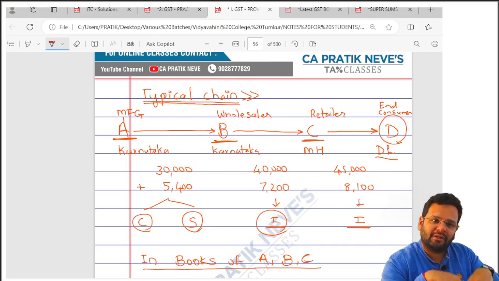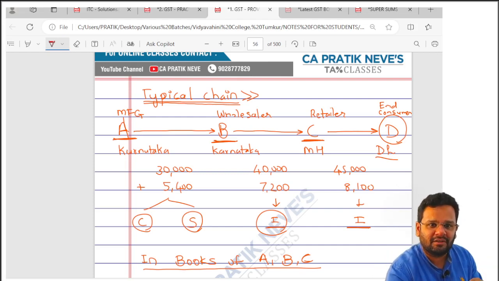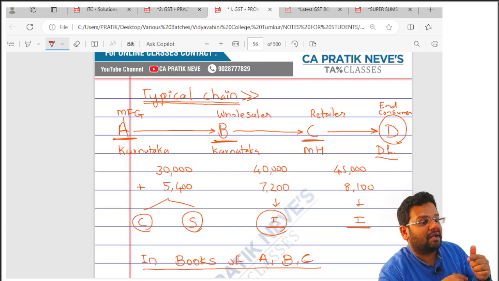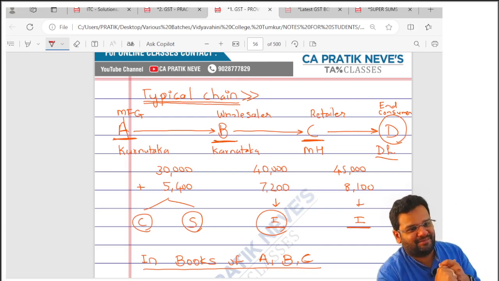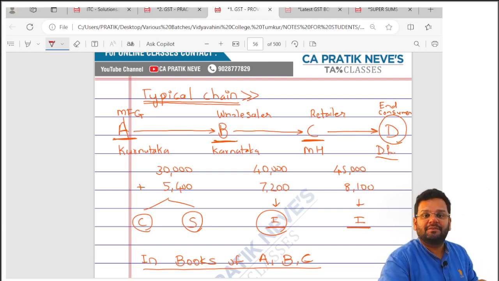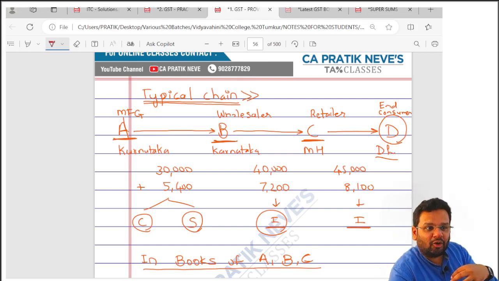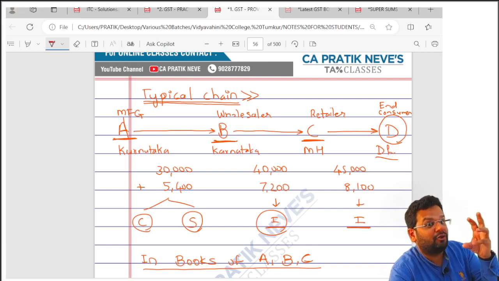And then afterwards we will do something called blocked credits. What is blocked credits? Blocked credits means some purchases on which I cannot take ITC, even if used for business.